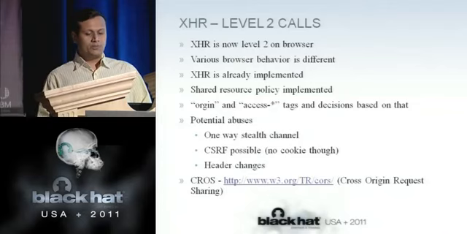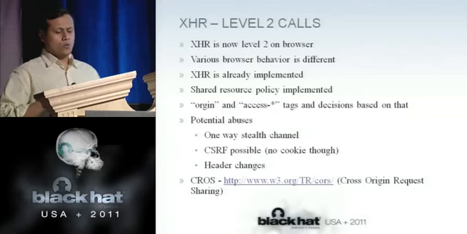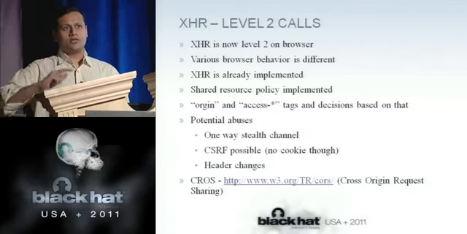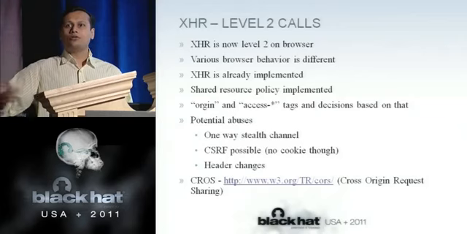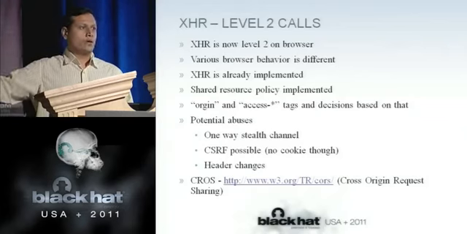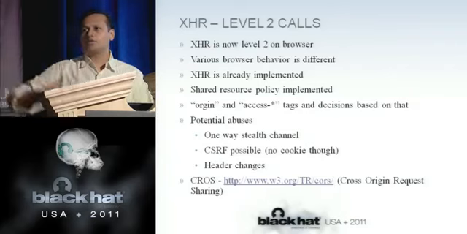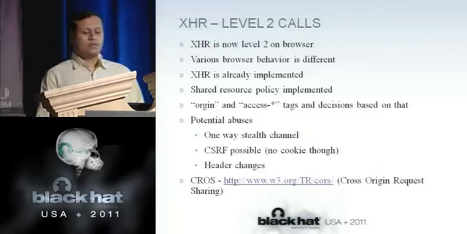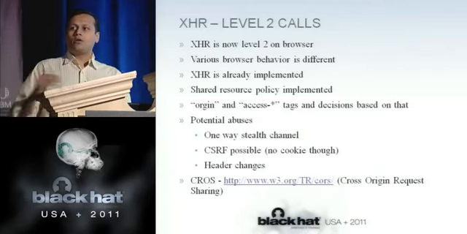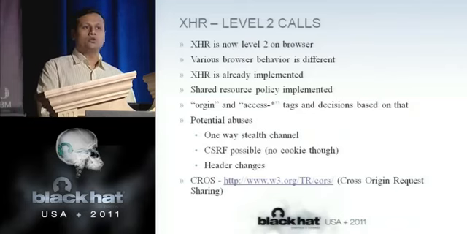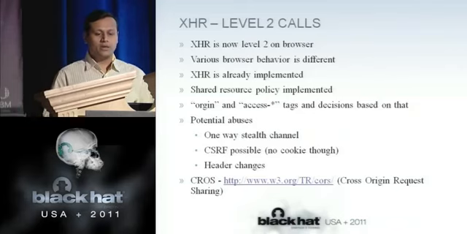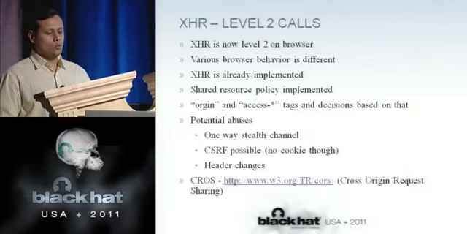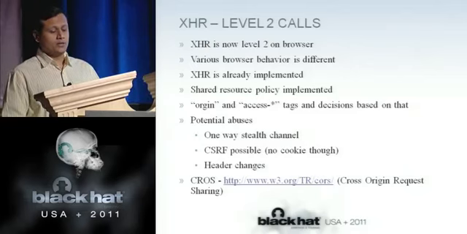But one of the potential abuses here is that it allows you a one-way channel, because that call is going to go on the wire to a cross domain, and then the domain will decide whether to send the content back to the browser or not. Some browsers will actually take the content but will not load it into the DOM. That's how the whole mechanism of XHR level 2 has been implemented.